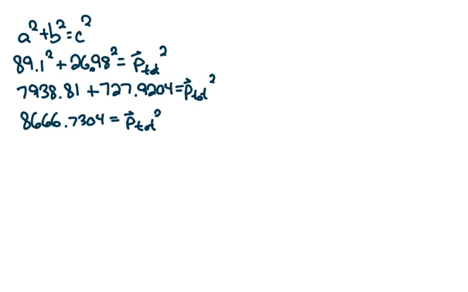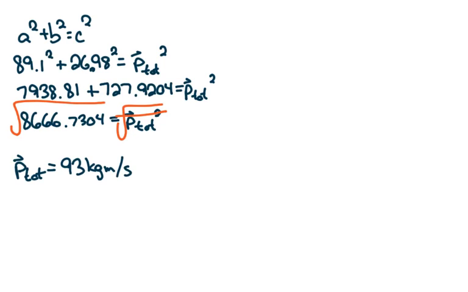Take the square root. And because this will end up forming a piece of the final answer, we'll go to sig figs. We need 2 of them. So we are going to get that the total momentum of this system is 93 kilogram meters per second.